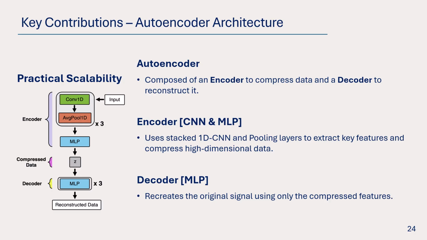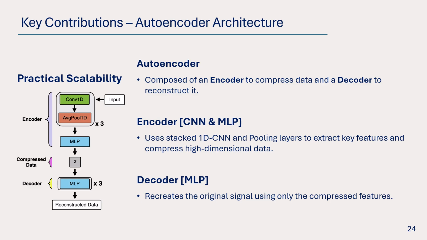This is the actual architecture of the autoencoder we used. As you can see here, it consists of two main parts: an encoder that compresses the data, and a decoder that reconstructs it. The encoder uses several layers of 1D CNNs to distill the input data down to its most essential features.